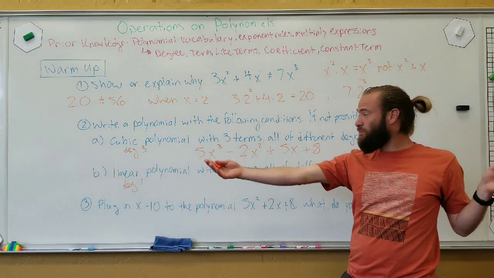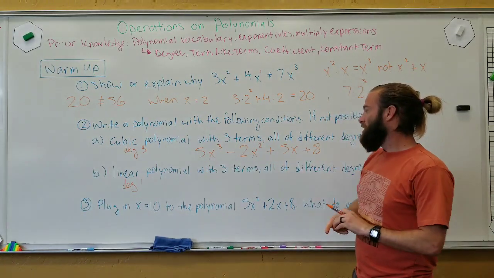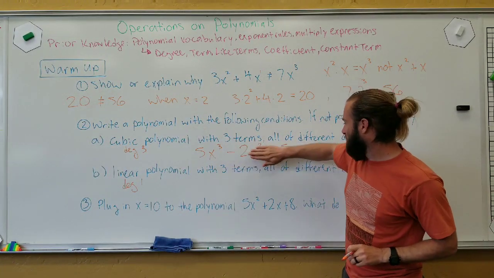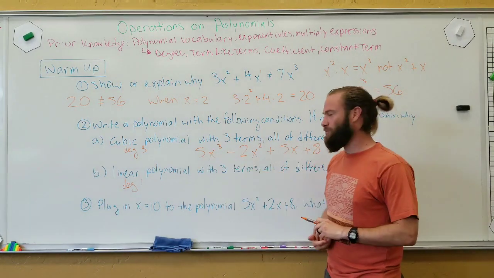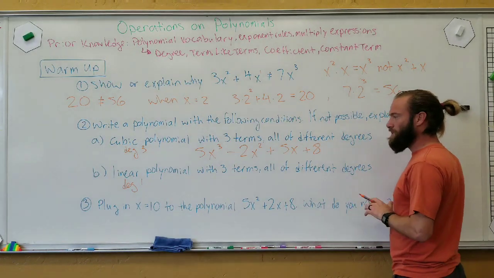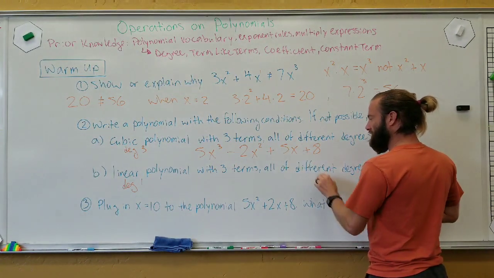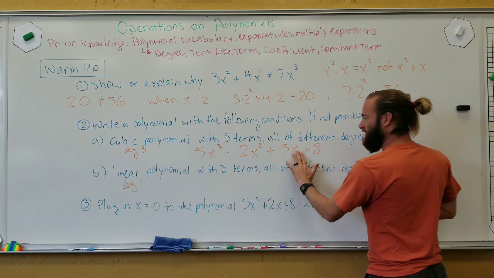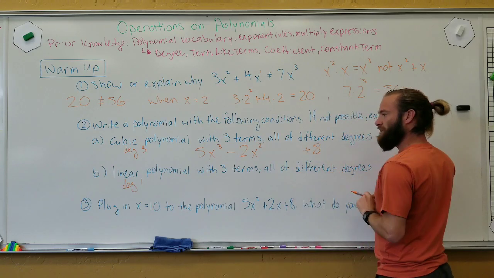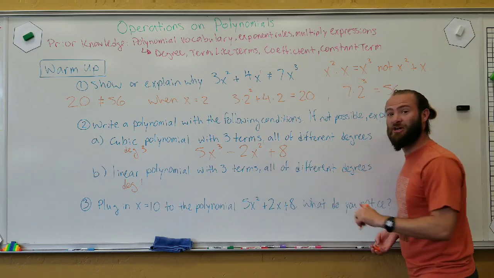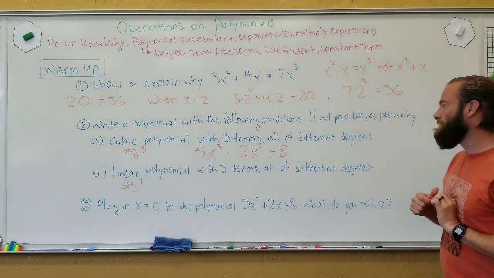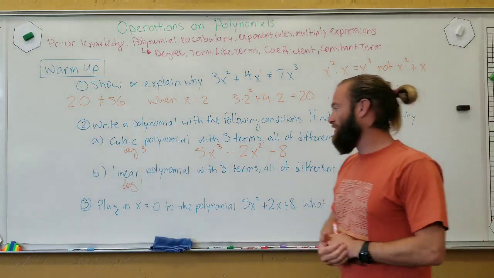A full cubic has 4 terms in it, but if I only want 3 terms, I need to leave one of those other terms out. I can't leave this one out because the whole polynomial needs to be degree 3, right? So, like I said originally, I could just leave that constant off. I could leave any of these off. I could leave this like this and just do plus 8 and leave that linear term off, the degree 1 term. Anyway, okay, so there's an example and an answer for that.